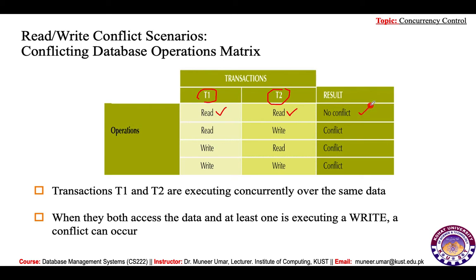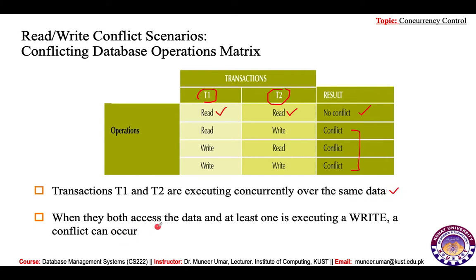But if in case any of these two transactions write that value, means update that value or insert something in that table, then in that case there would be conflict. Transaction T1 and T2 are executing concurrently over the same data.